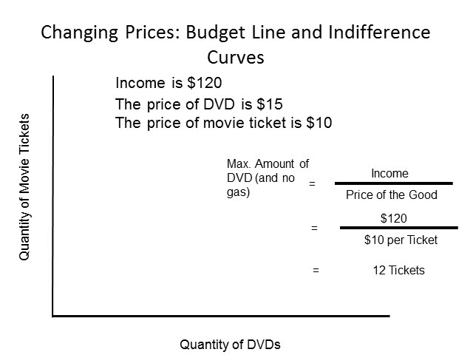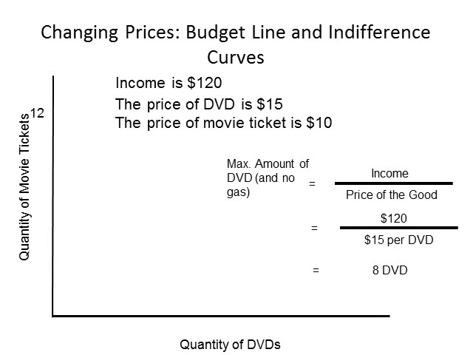As you may remember, the amount of movie tickets Joe can buy is found by dividing his income, $120, by the price of a ticket, which is $10. This means that he can purchase a maximum of 12 tickets. As you may also remember, the maximum amount of DVDs that Joe can buy is found by dividing his income, $120, by $15 per DVD.